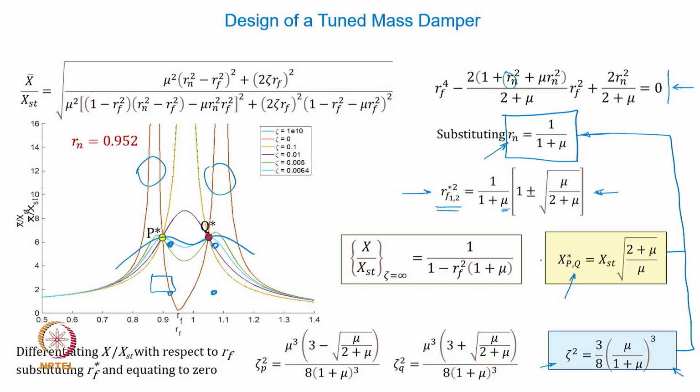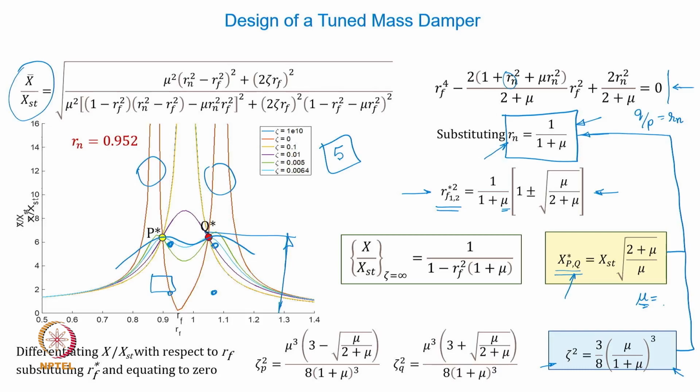Alternatively, you decide how much large amplitude you are going to allow at P or Q. So for example, I may limit the amplitude ratio x bar by xst to be 5, and if I use that 5 here, I can get a value of mu based on that, and then this mu value can be substituted into the expression for Rn, and that gives me the relative values of P and Q, because we know that Q upon P is your Rn.